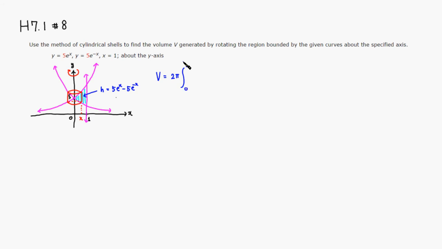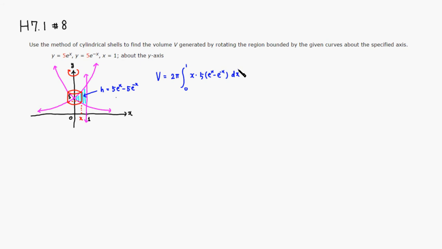The radius is x, so x is the radius. And the height, as I said, let's pull out 5, so it's 5 times e to the x minus e to the negative x, dx.